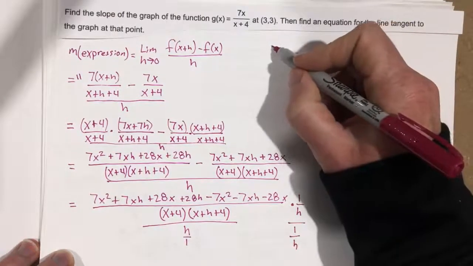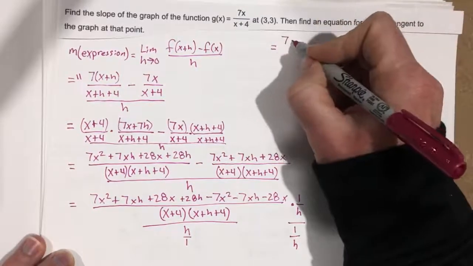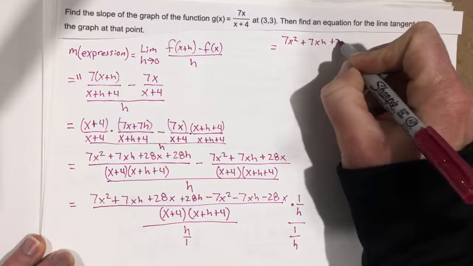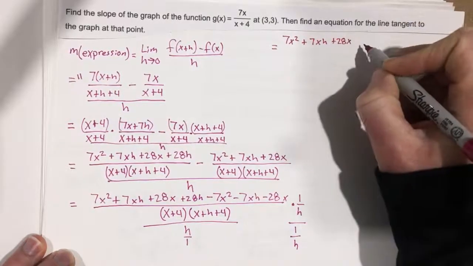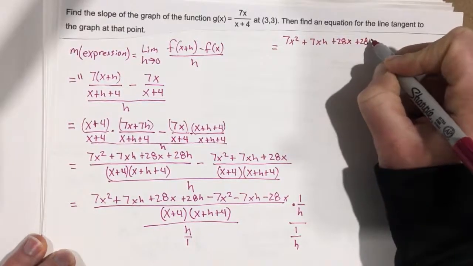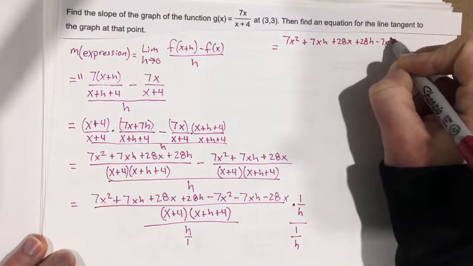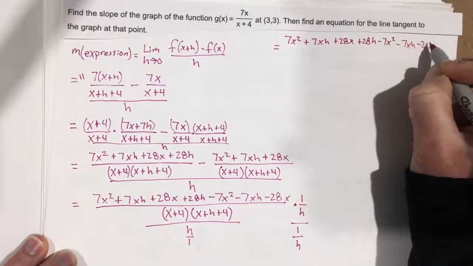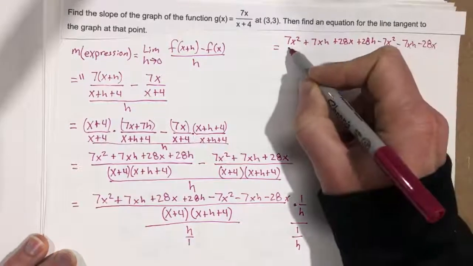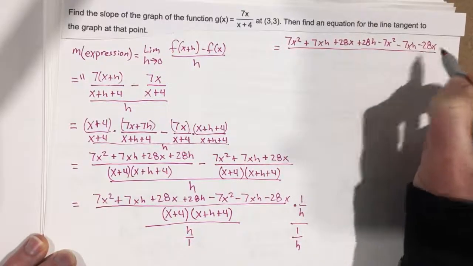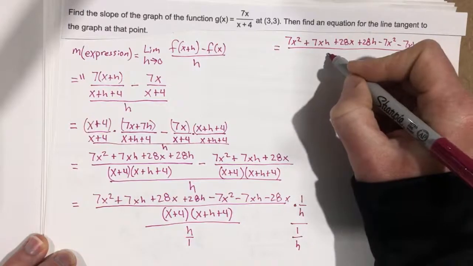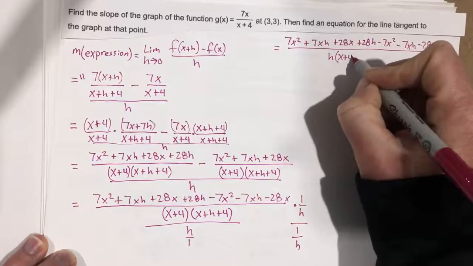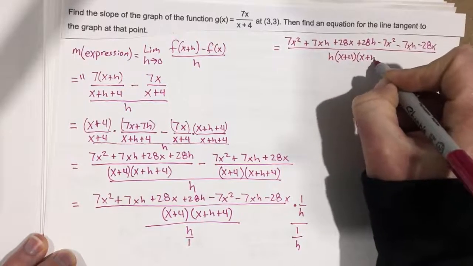So we're going to say equals 7x squared plus 7xh plus 28x plus 28h minus 7x squared minus 7xh minus 28x, and that's all over x plus 4, x plus h plus 4.